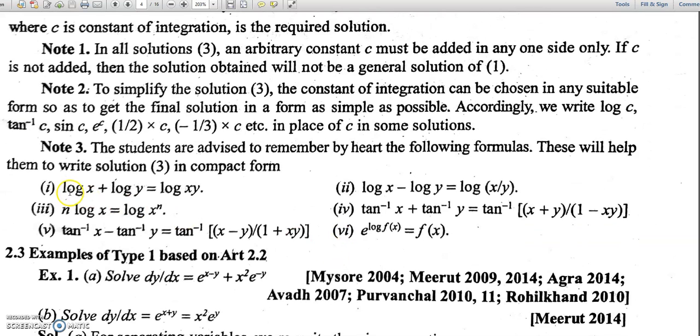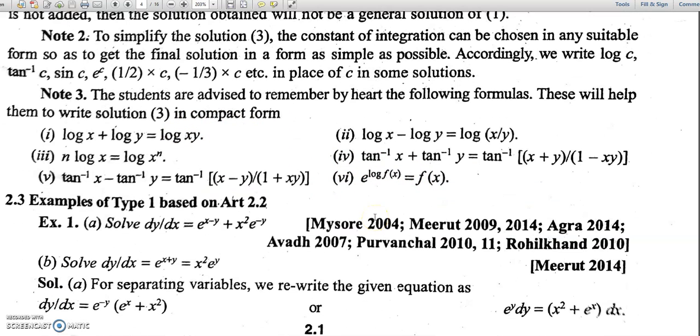Now these things you have to remember: log x plus log y equals log xy, log x minus log y equals log x/y, n log x equals log x to the power n, tan inverse x plus tan inverse y equals tan inverse of (x plus y)/(1 minus xy), tan inverse x minus tan inverse y equals tan inverse of (x minus y)/(1 plus xy), and e power log f(x) equals f(x). So these formulas you need to remember.